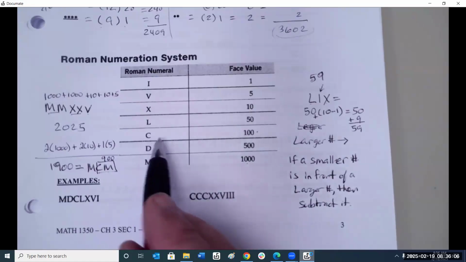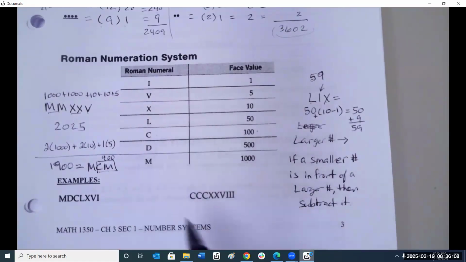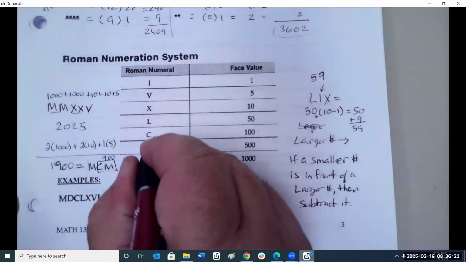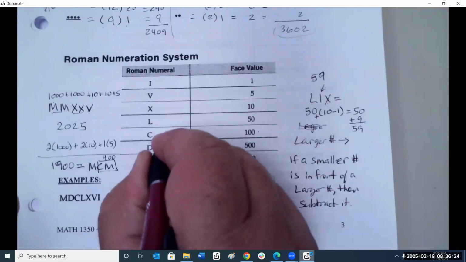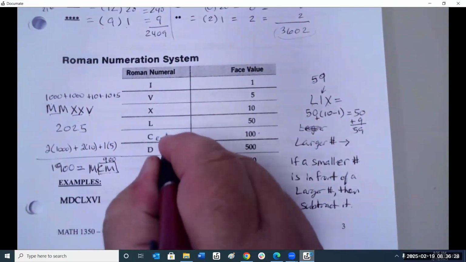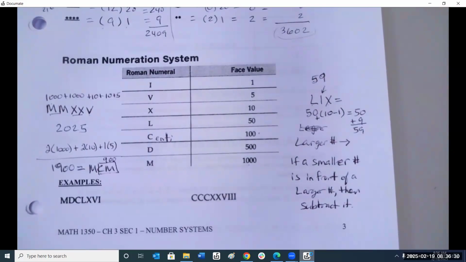Now, C, M, the Roman numeral system is based on tens. It's what they use metric systems on nowadays. C, centi. Another name for a penny is what?